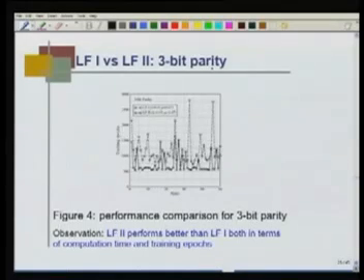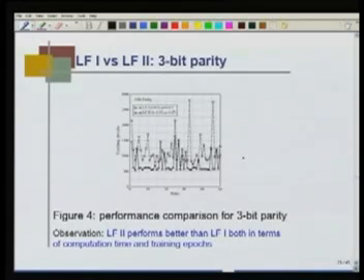If you take the 3-bit parity function, again you can see that LF1 is very much fluctuating, from almost 750 epochs to almost 3000 epochs. Whereas for LF2, the number of training epochs is almost fixed at the 500 level, with only rare fluctuations.